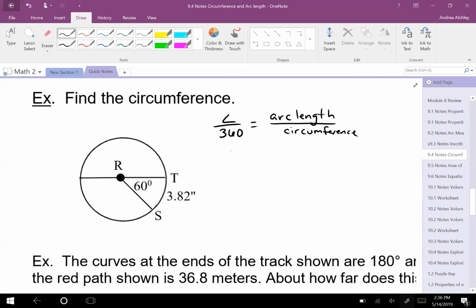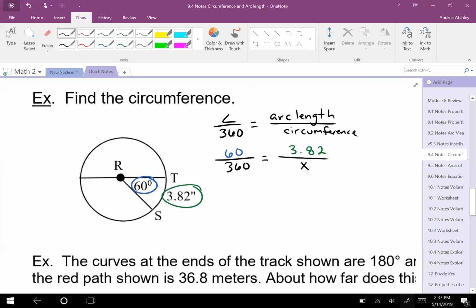Okay. So I have my angle, which is 60 degrees, divided by 360 is equal to the arc length, which I gave you to be 3.82. And I'm looking for the circumference, so that's my unknown on the bottom.